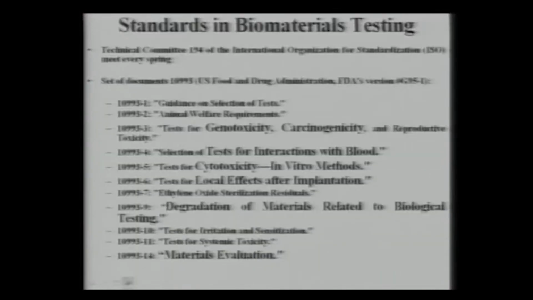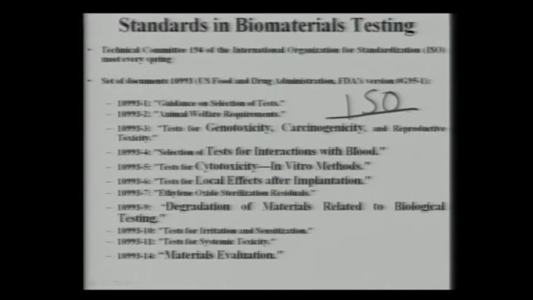Now these are the standards in biomaterial testing. This is ISO testing, which is approved by the FDA. FDA is the US Food and Drug Administration, and ISO means International Standards Organization. They have this 10993 set of documents, with different subsets.